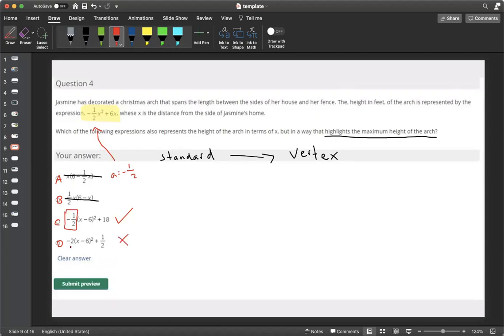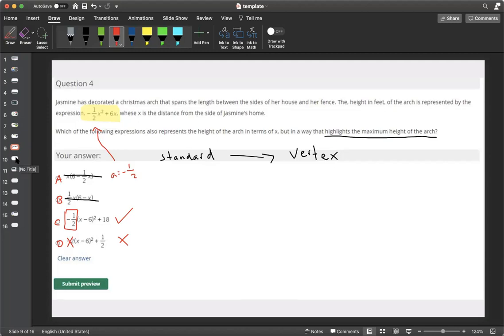But if I look at D, they give me an A of negative 2. My A is not negative 2. So our answer is going to be C. So there are times where you don't have to do math. You just have to understand and know what our A means and how to use standard to vertex form.